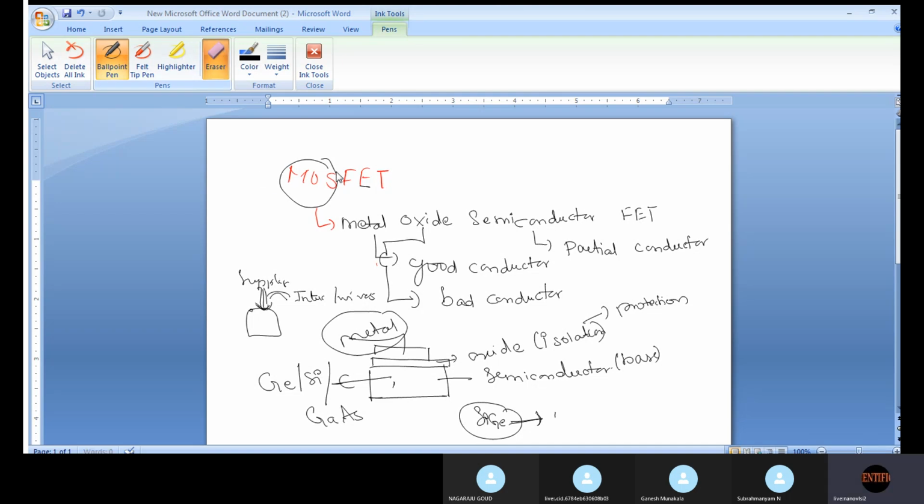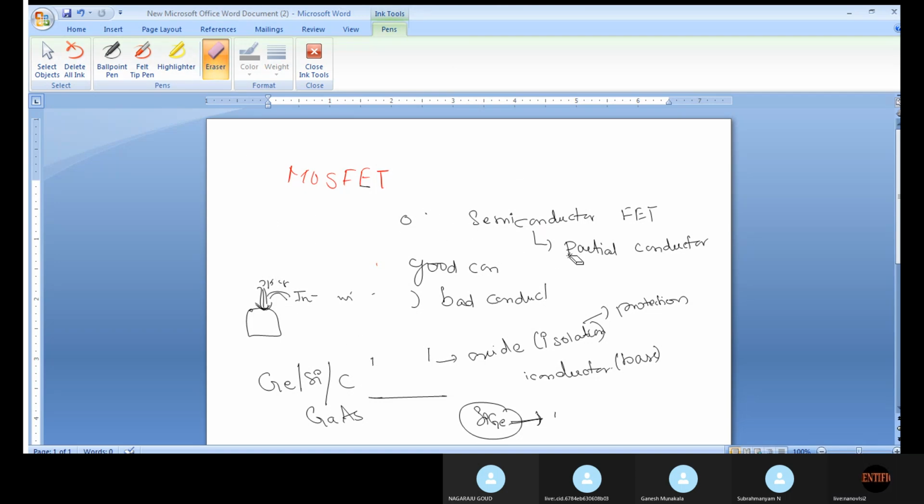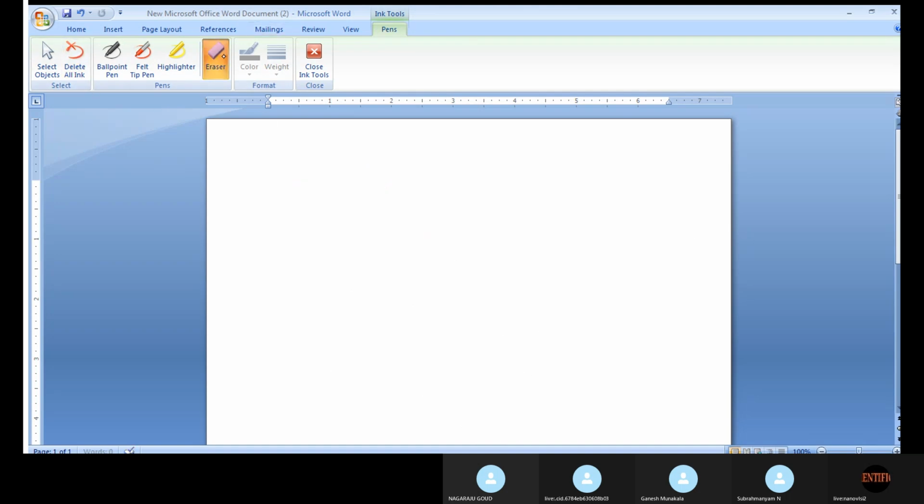So we have discussed about MOS also. Now we will see about the flavors of MOSFET.